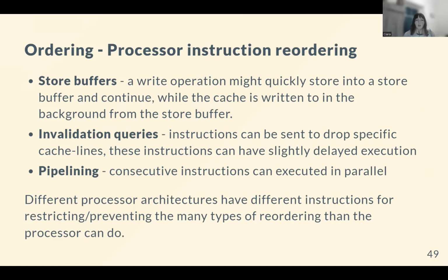There are also invalidation queues, so instructions can be sent to say drop that cache line, and those might not happen immediately. It might not drop the cache line straight away. And where one cache might drop it immediately and another cache doesn't, that can cause you to have slightly inconsistent cache states. You also get pipelining, which means consecutive instructions within the same processor can actually be executed in parallel.